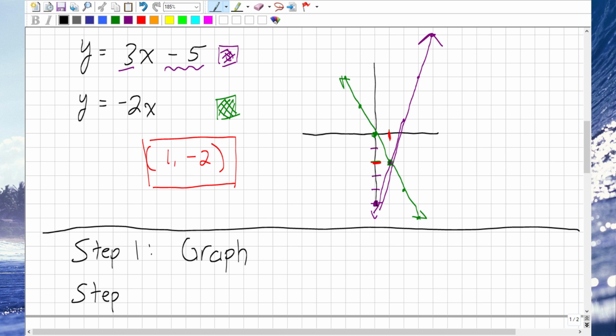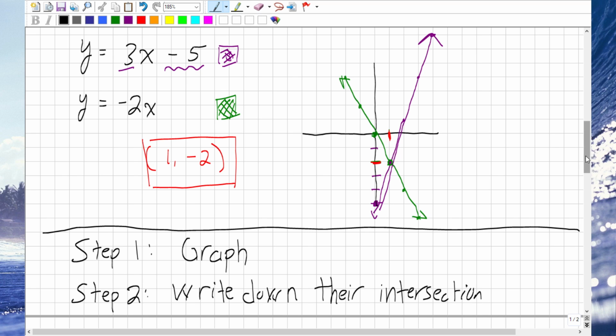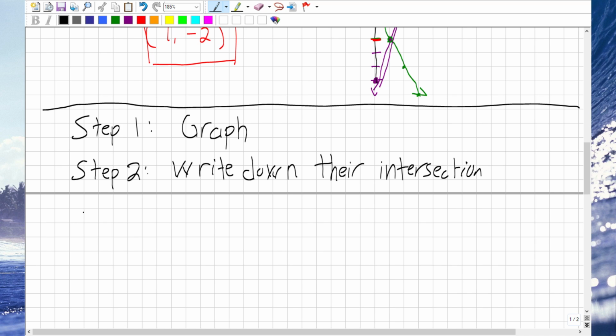Step 2, write down their intersection. Step 3, do something. And step 4, profit.